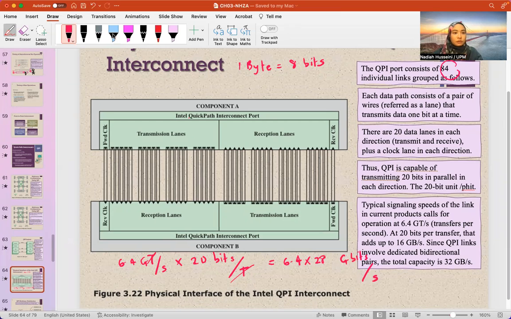Let's use my calculator. 6.4 times 20 is 128. So we would get 128 gigabits per second.